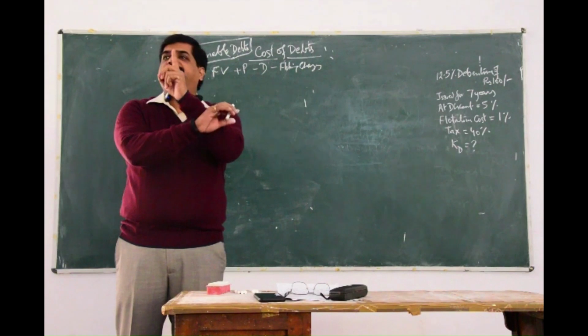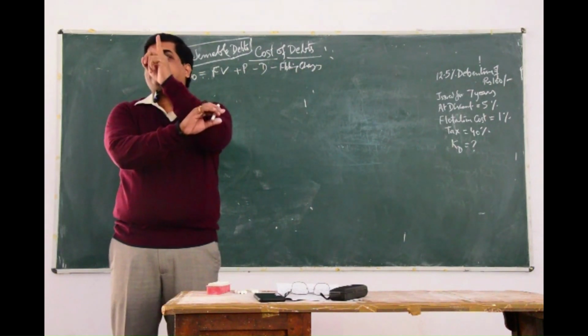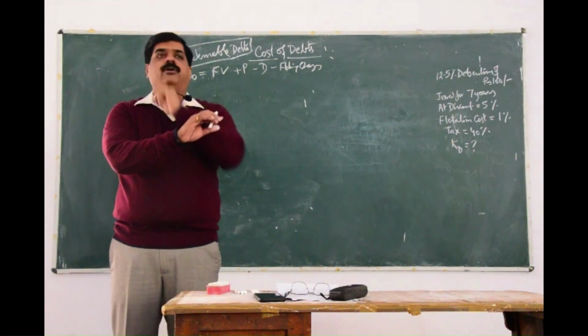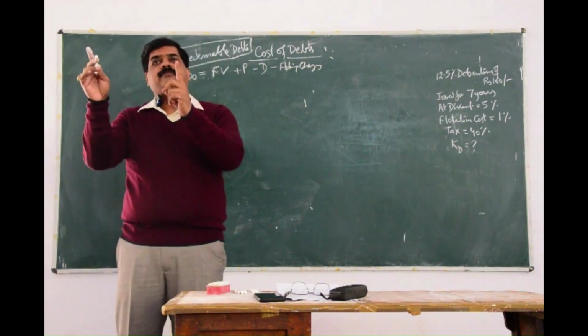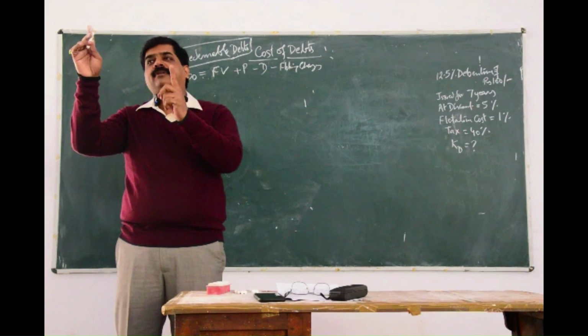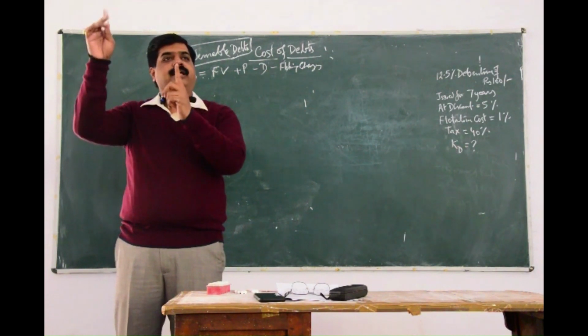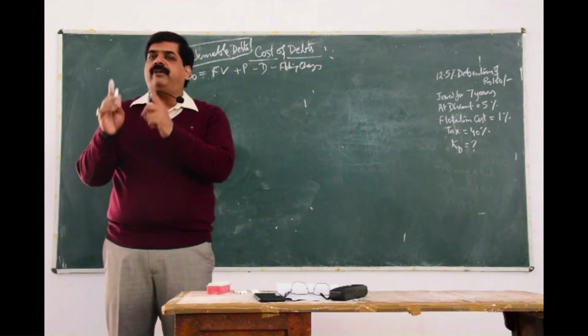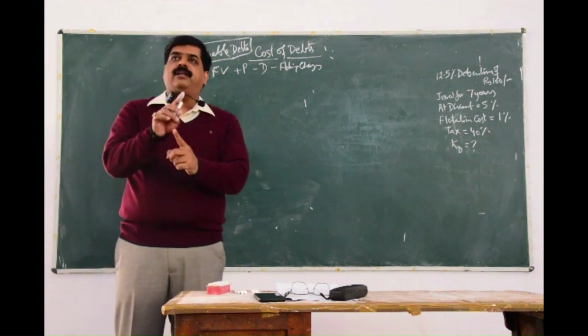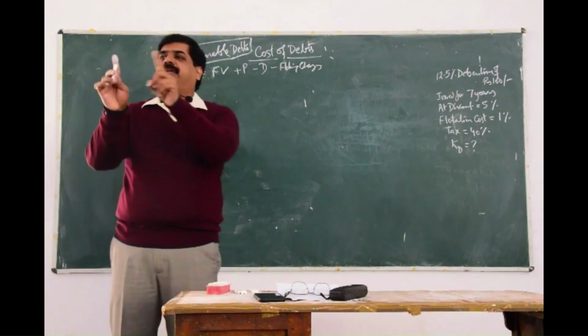So issue price is 95 and face value is 100. Higher is face value, so it will be calculated on face value. But if the issue is at a premium of 5%, it will become 105. Face value is 100, higher is issue price. So floating charges will always be calculated on face value or issue price, whichever is higher.